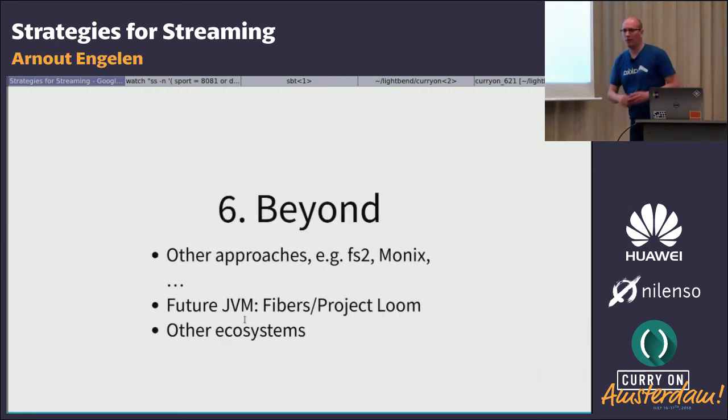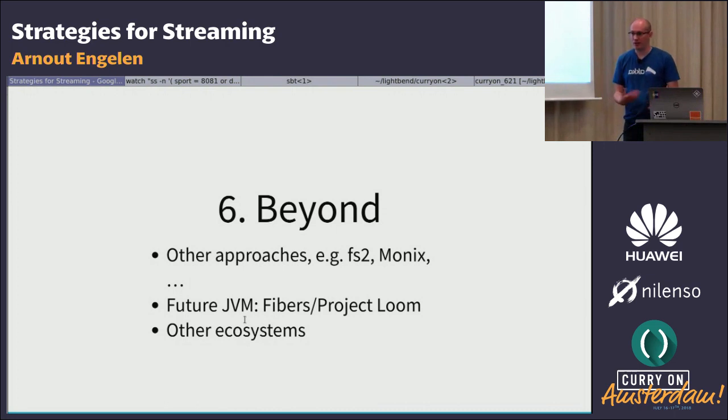So with that, I want to start wrapping up. Of course, Akka Streams is not the end-all and be-all of streaming. There are lots of other interesting ways to do it. In the Scala ecosystem, FS2 and Monix are really interesting approaches. There's interesting things going on in JVM land: Project Loom is working on fibers, which should be lightweight threads.